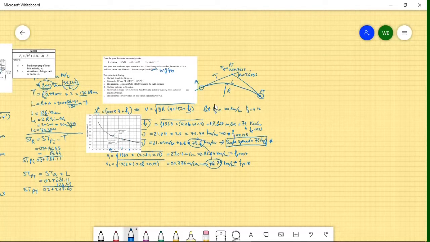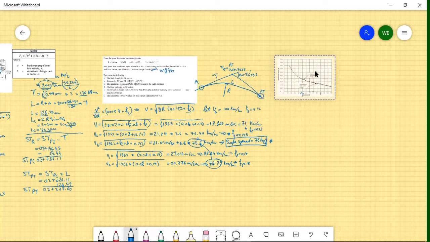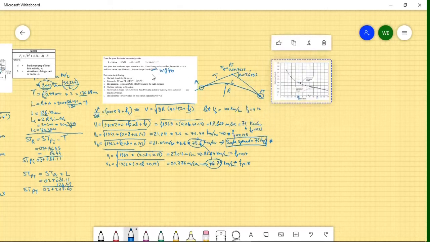This is the example that we were solving last lecture.